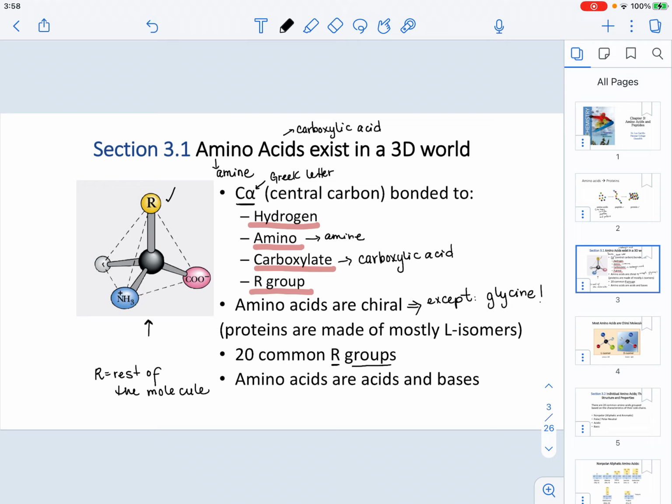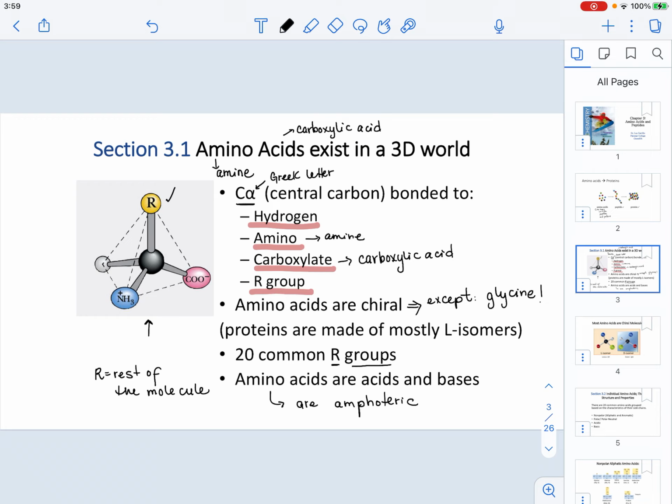Now, because amino acids have an amino side and a carboxylic acid side, as you can see, they can act as acids or bases. So that means that amino acids, as we introduced the term in the previous chapter, are amphoteric.